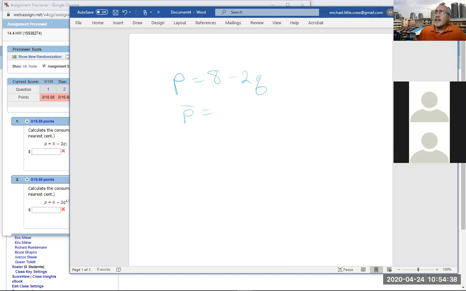Yes. And when you found the intersection, wait, what's the difference between P and P bar? P bar is the actual price that we're going to charge, which if it's a consumer surplus, it's lower than what people are willing to pay initially. And then when you found that intersection, you found Q bar, which is equal to 2.